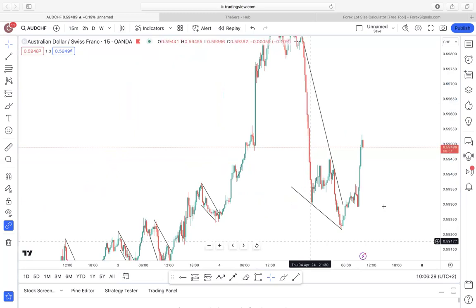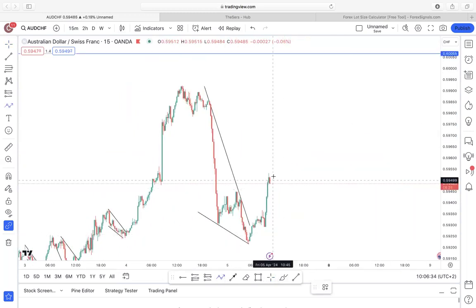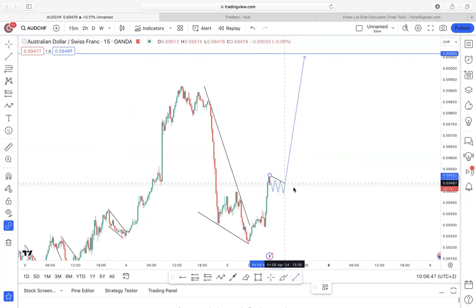So now all that we're looking for over here is just a simple correction, because price has already given us a clear impulsive movement. All that we are searching for is just a simple small corrective structure that we can use to execute our entry all the way to the upside.